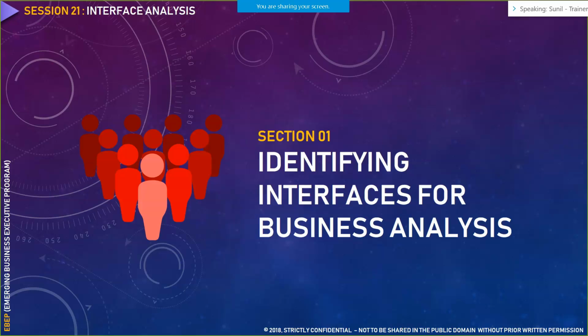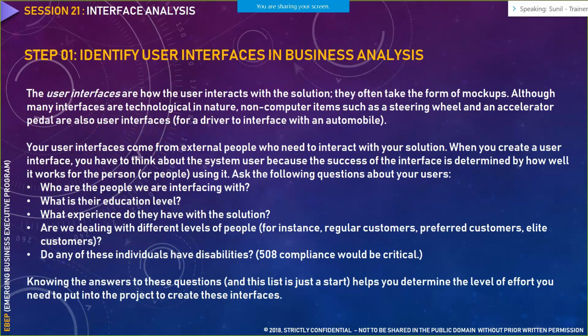Now, after this is done during a spiral process, we need to identify interfaces for business analysis. Step one is to identify the user interface in business analysis: who are the people we would be interacting with, and what is their education level?